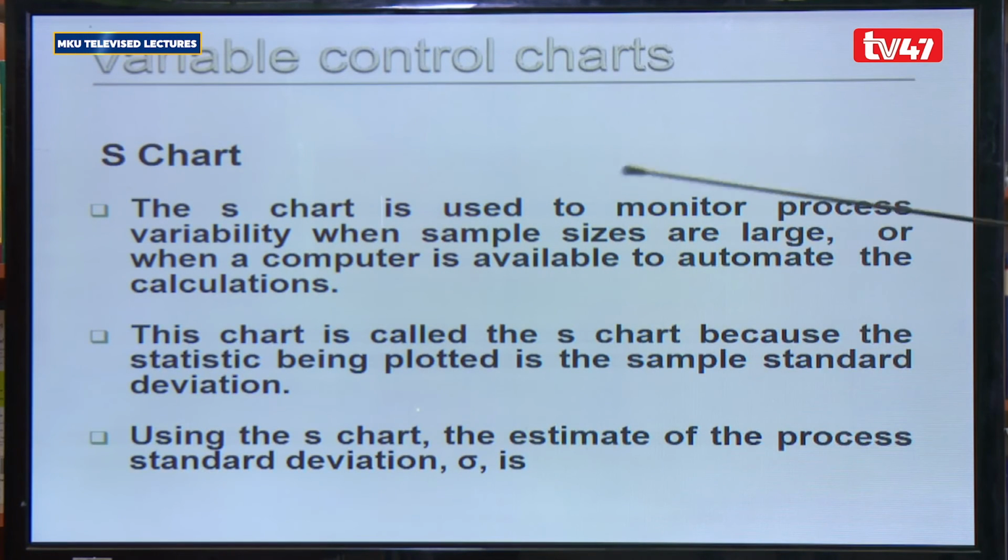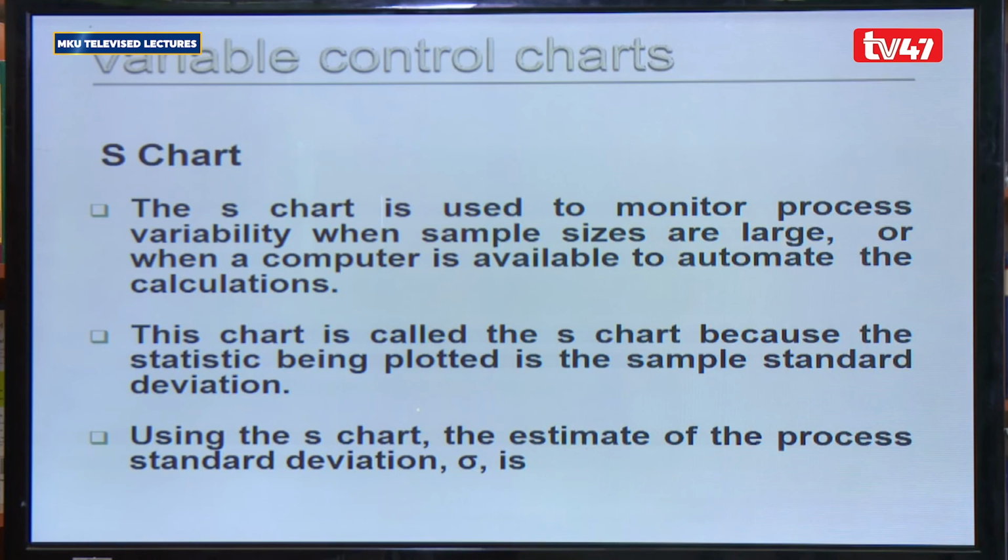Then last we have the S chart, and the S chart is used to monitor process variability when the sample sizes are large. In this case, more than 100. The chart is called the S chart because the statistic plotted, or what we deal with here, is the sample standard deviation.